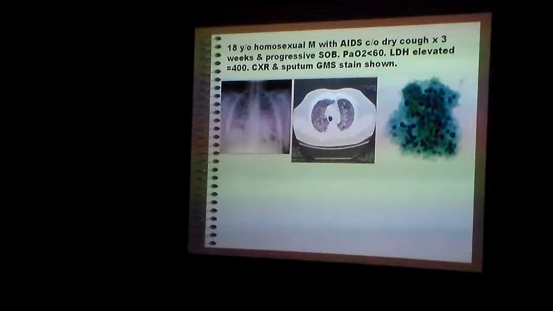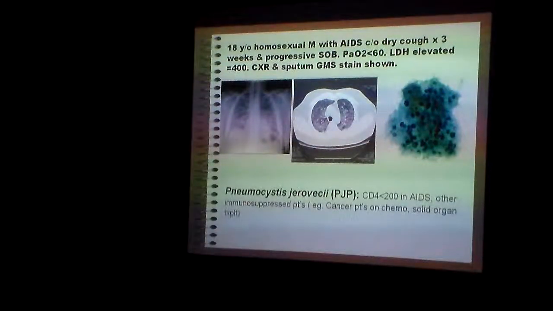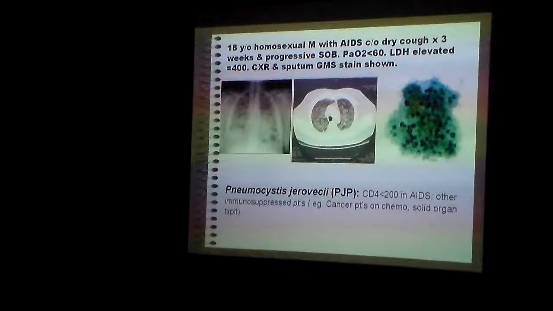So that's straightforward, right? AIDS patient, dry cough for 3 weeks. Pneumocystis is something that you won't see acutely. Patient doesn't get acutely short of breath in pneumocystis. Patient is short of breath for 3 or 4 weeks. It has a chronic onset, okay? It's not acute pneumonia. So if an HIV patient is coming with acute pneumonia, then it's probably not pneumocystis, okay?